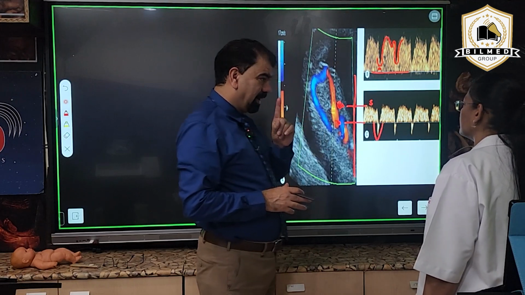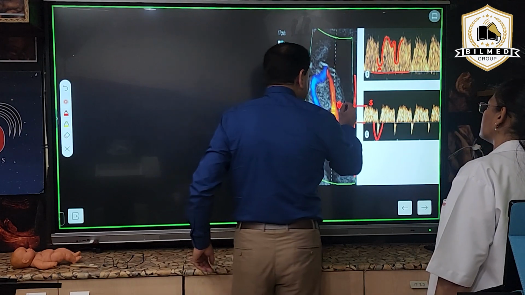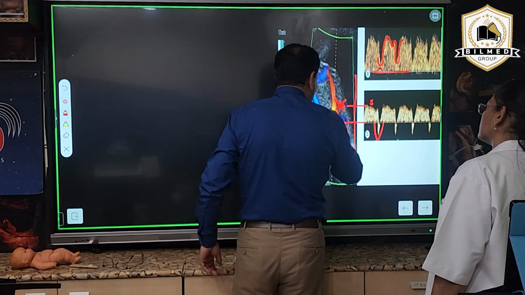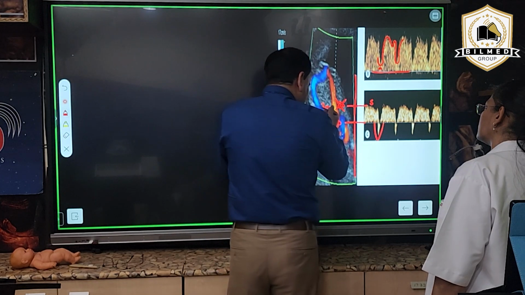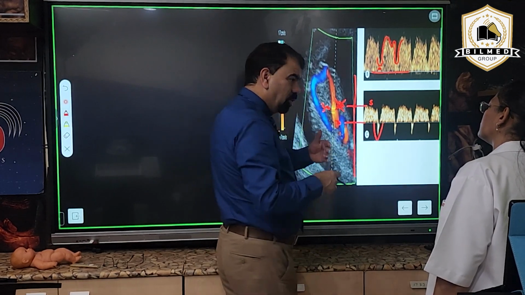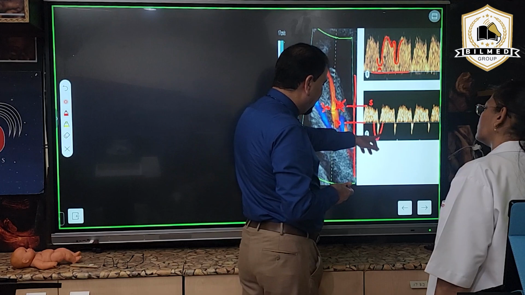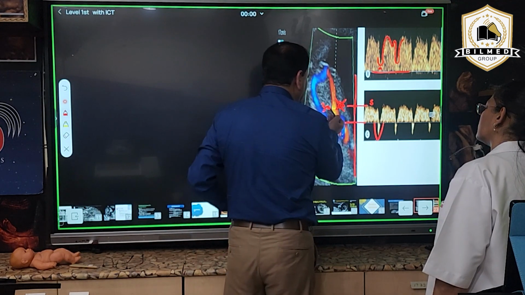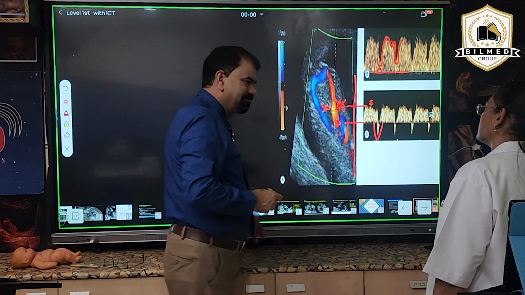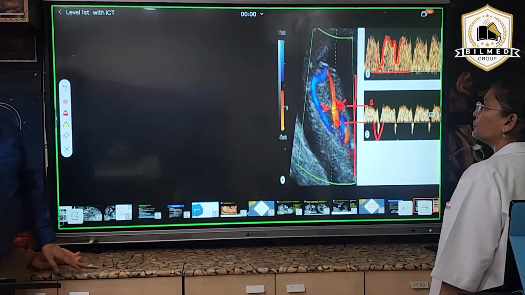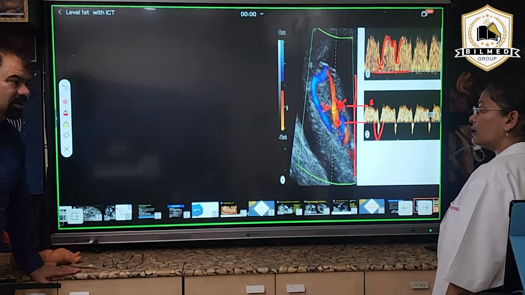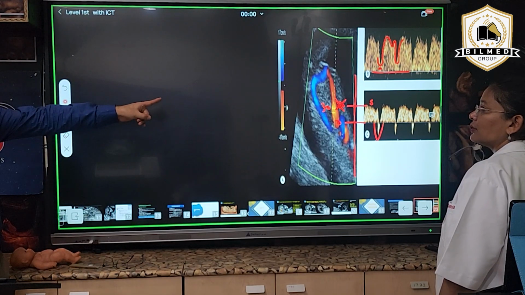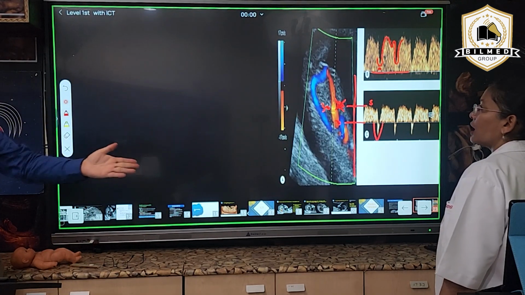But if this is not 80 over here, but a 30 or a 40, and your radiologist is giving you an abnormal DV, and you are seeing that the peak systolic velocity is just 30 or 40, what is this then? What is this? Abnormal ductus venosus? No, the velocity range is 30 or 40 only.